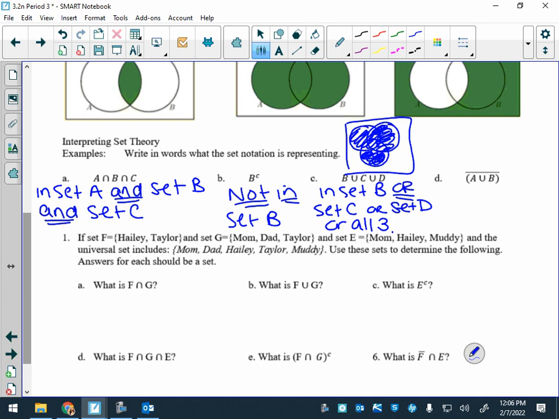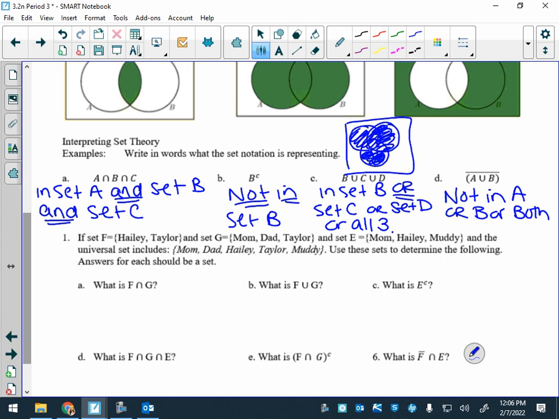All three circles will be colored in. So for D, this means not in A or B or both. So it would just be the outside.